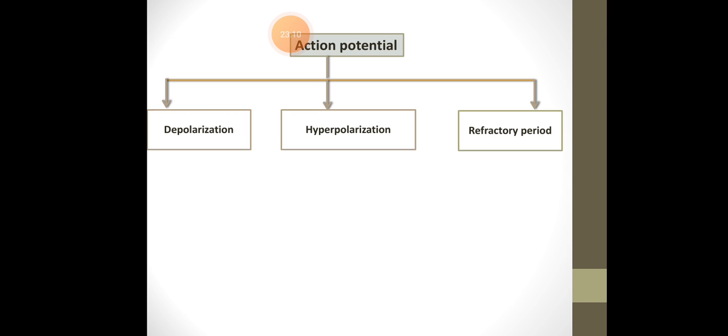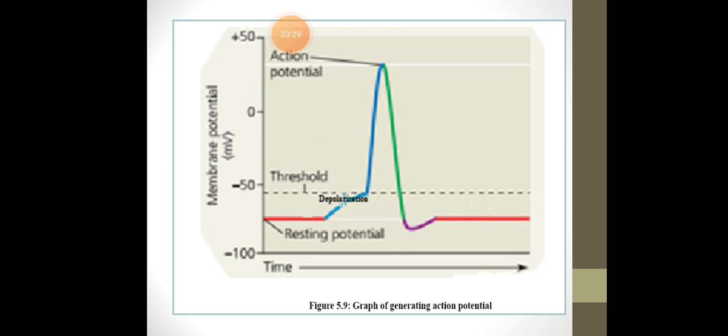In general, consider the situation with high potassium inside the neuron and low sodium ions outside. So what happens in depolarization?